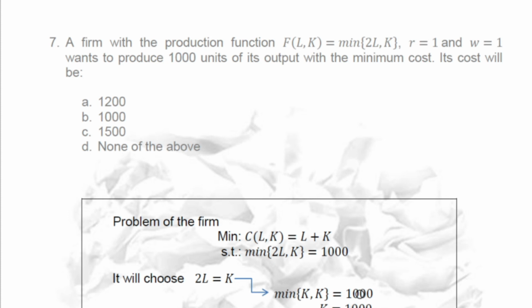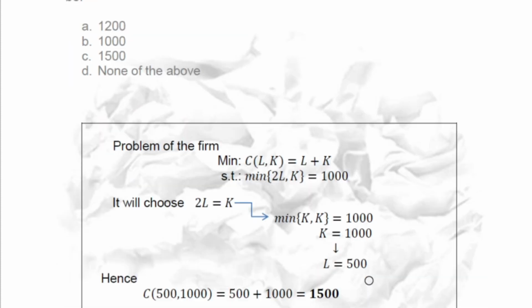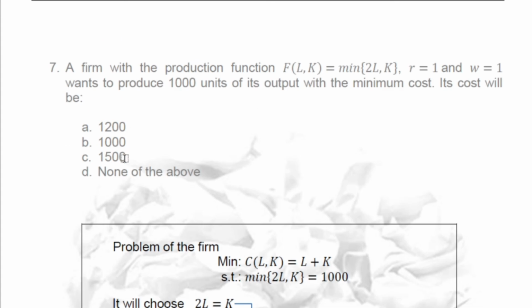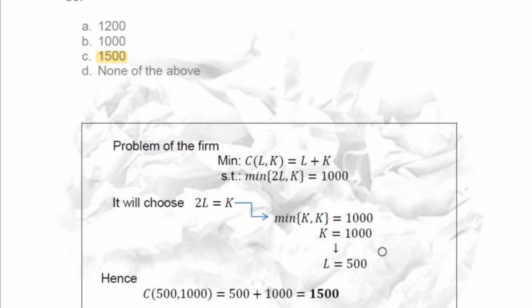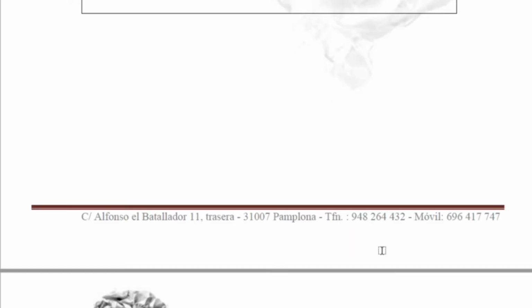So we should use 1000 units of K. With K equal to 1000, we find that L is 500. Then the costs are 500 plus 1000, which is 1500 euros or whatever.